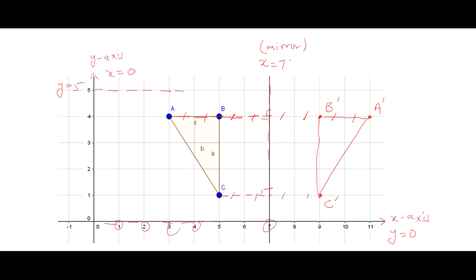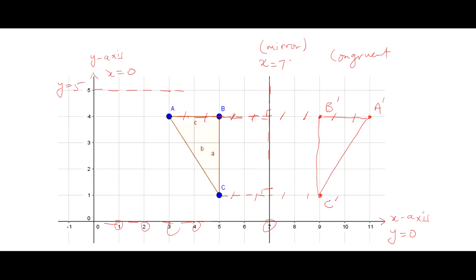The object and the image, they are congruent, right? So remember that word, congruent. The object and the image have the same shape, the same size, the lengths are the same. What is different is that they are flipped. They are mirror images of each other.